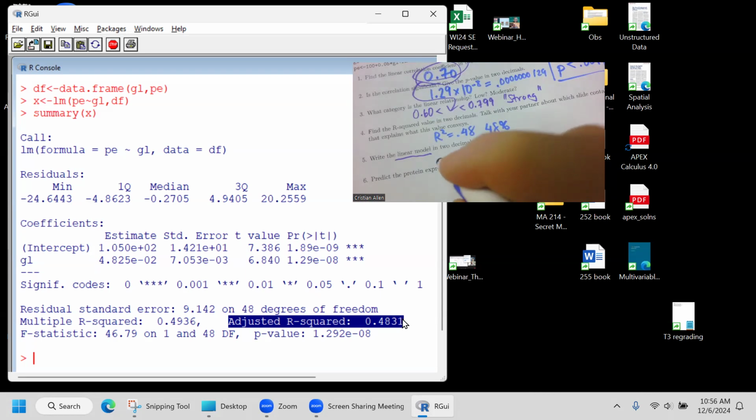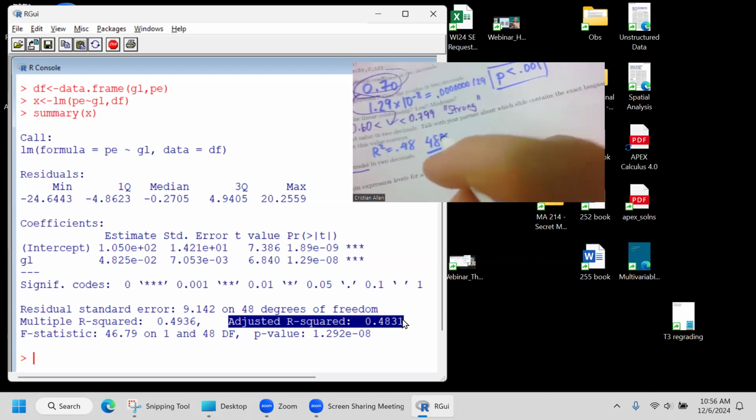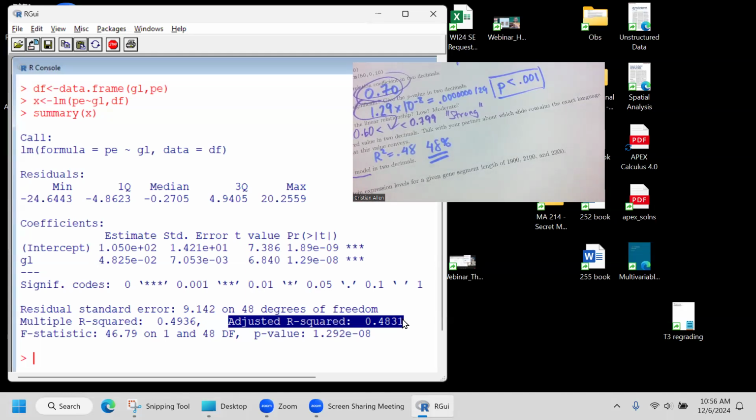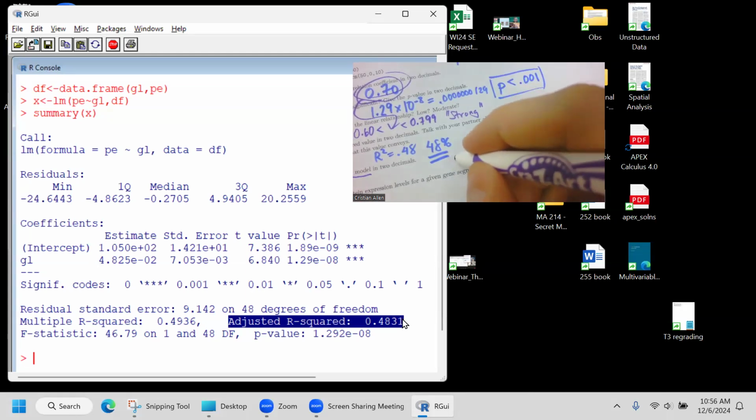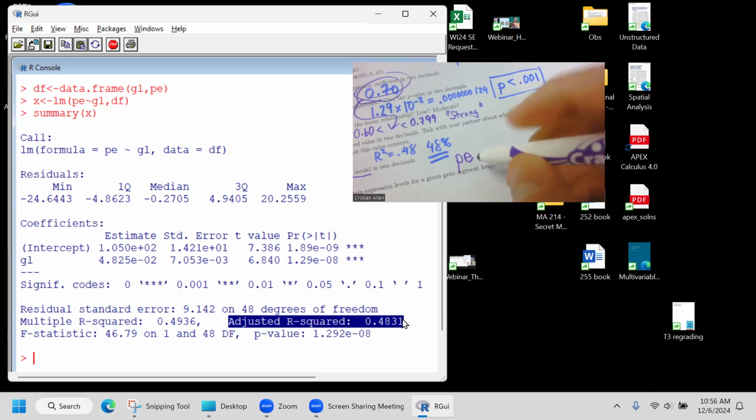Now, the linear model in two decimals, that's where we're going to say, hey, we want to basically write an equation that predicts the expression level, where we have a y-intercept, and then we have some sort of coefficient for gene length.